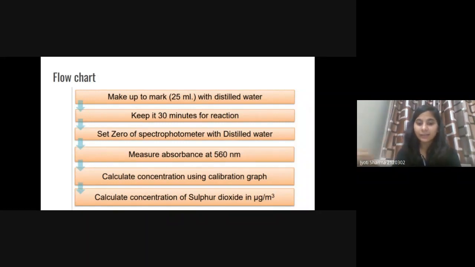Using the calibration graph, you can calculate the concentration of this sulfur dioxide, right? So this is the flow chart of how we can use the spectrophotometer and different chemicals to calculate the concentration of sulfur dioxide. Right now, I think it is clear what chemical we need, what method we are using, and what instrument we are using for the measurement of sulfur dioxide.